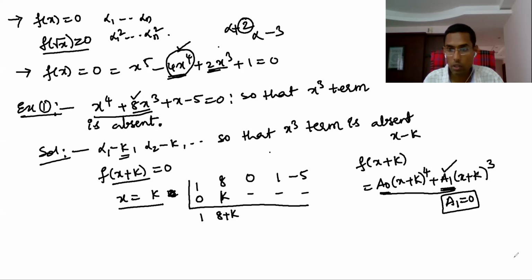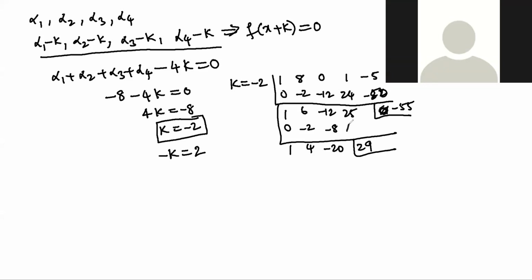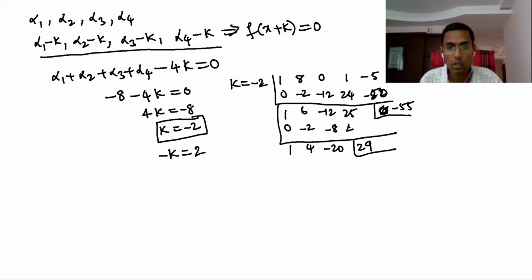I made a mistake. Sorry. Just a minute. This is minus 55. So this is 12, 2 is 24, this is 25 minus 55, correct. So this is minus 2, this is 4, and this is minus 8, minus 20, and this becomes 40.